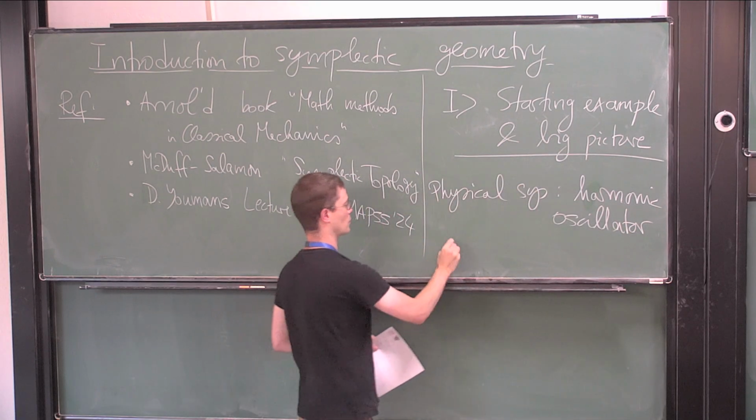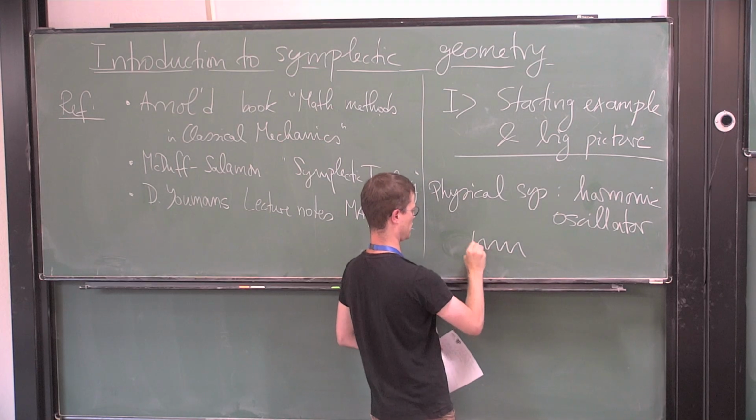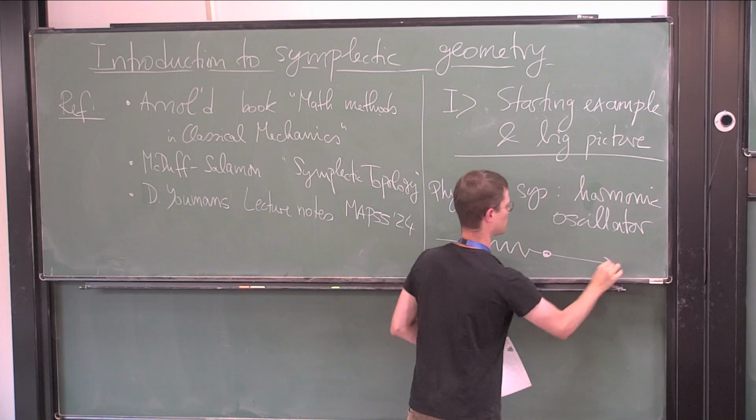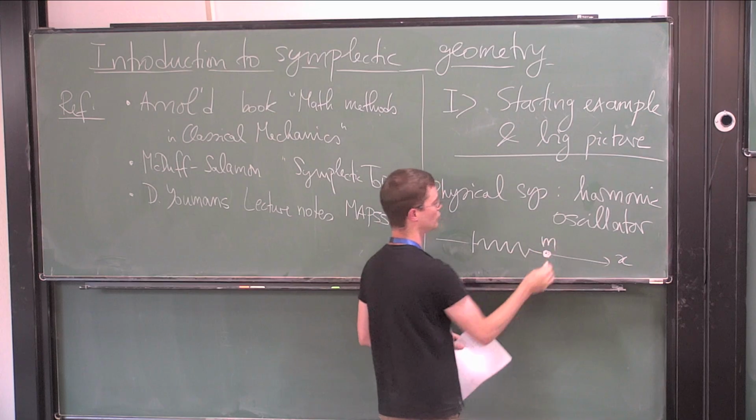So what is it? It's pretty much just a spring. How is it called in English? Spring, okay. You have an axis x, and you have some mass which can move.